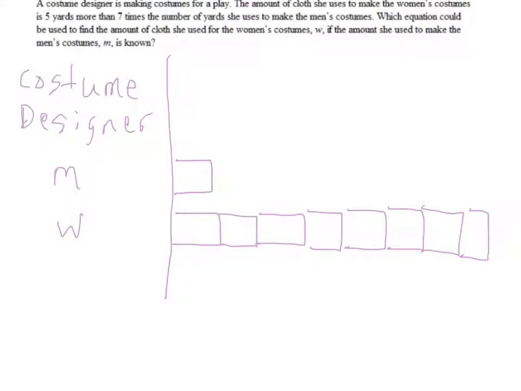So let me write that as my plus 5 here. So it's 7m, because it's 7 times the amount that it takes for a men's costume, plus 5. That's my equation for solving this problem.